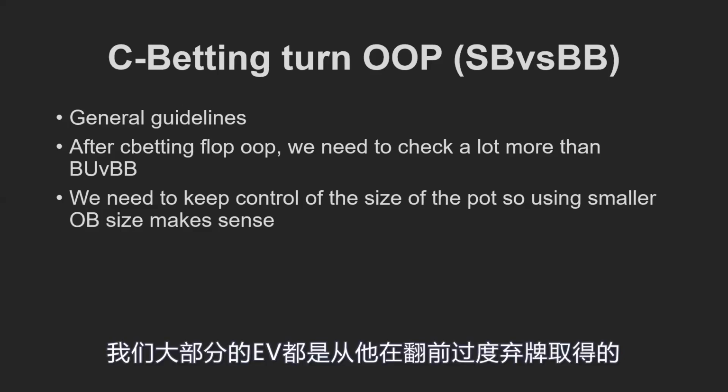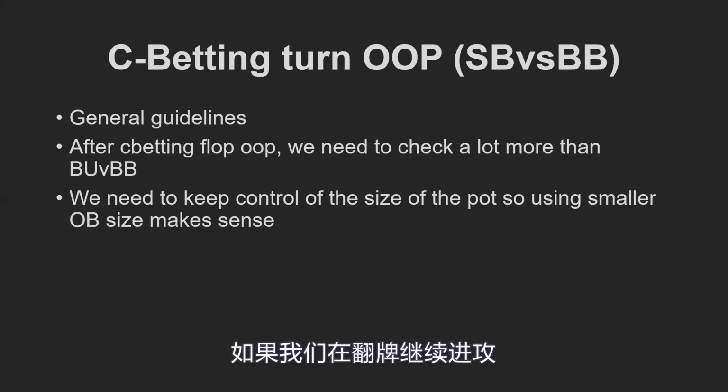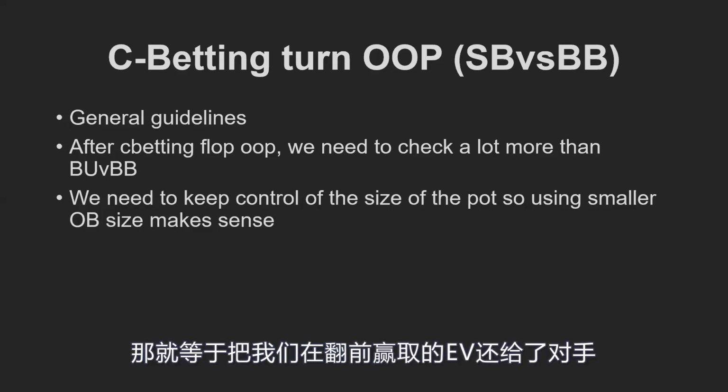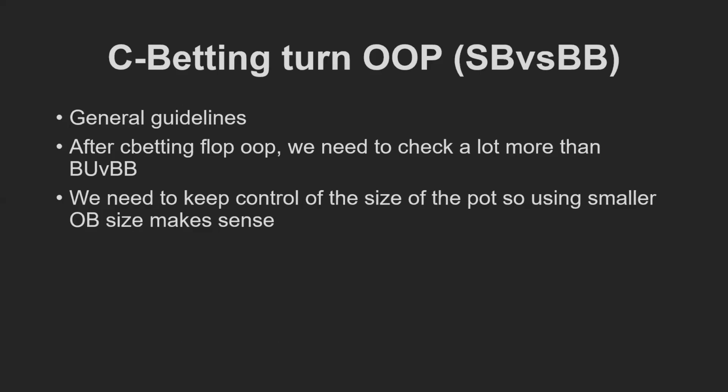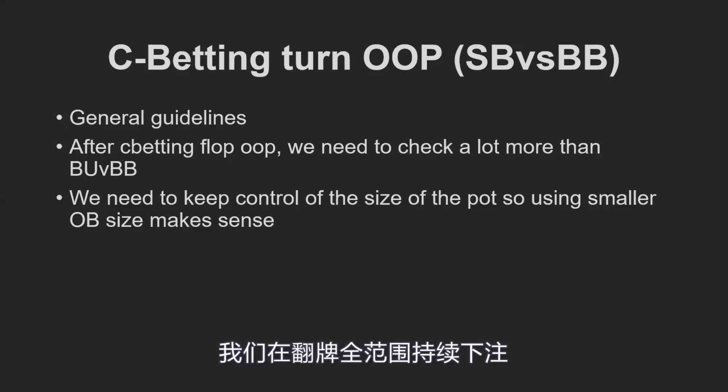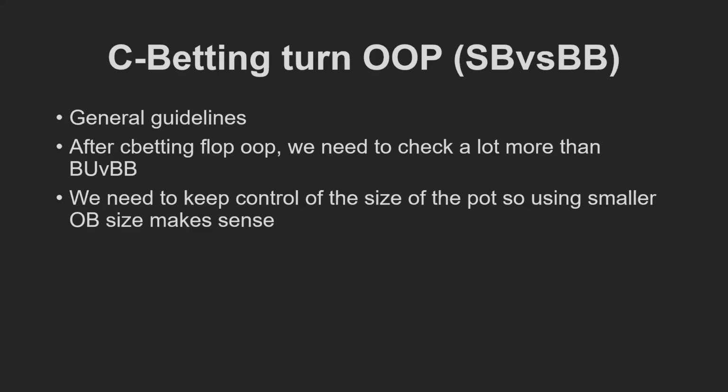So all the EV we made from him overfolding preflop, if we start just barreling like crazy, we're giving part of it back to him. It's again the same thing: once we bet the flop full range, he's going to be overfolding. So we get to the turn with a pretty wide range, and he gets to the turn with a tighter range. That means we want to be checking quite a lot.